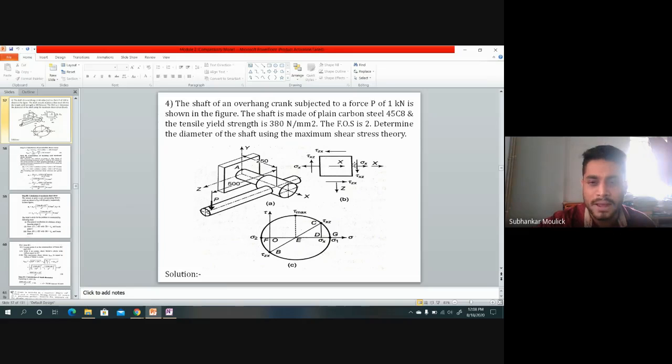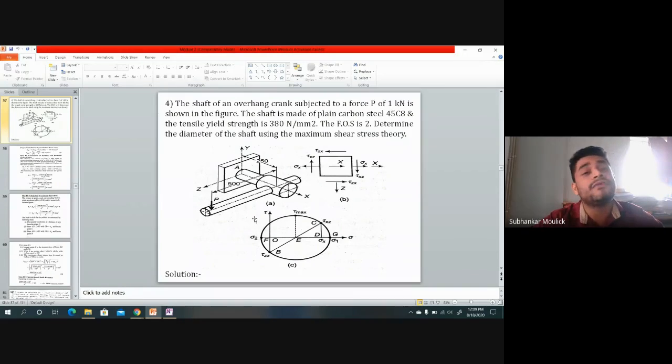I want to solve this problem by using the maximum shear stress theory. According to the maximum shear stress theory, any component will fail when the maximum shear stress of that component, that means for this particular problem I have to find out the maximum shear stress, is equal to the maximum shear stress of a standard specimen that we test in UTM.